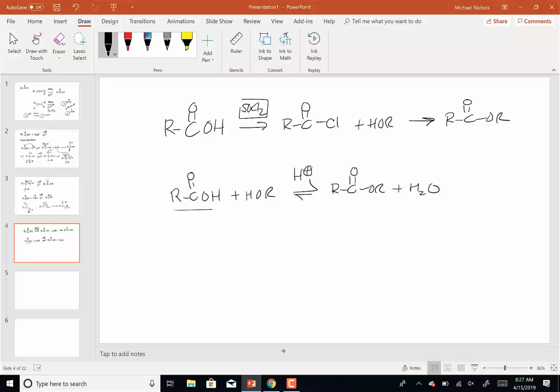SOCl2 or PCl3 or PCl5, any of those reagents. Because what is their goal or their function? To turn an OH into a Cl. So that's another way to make an ester.